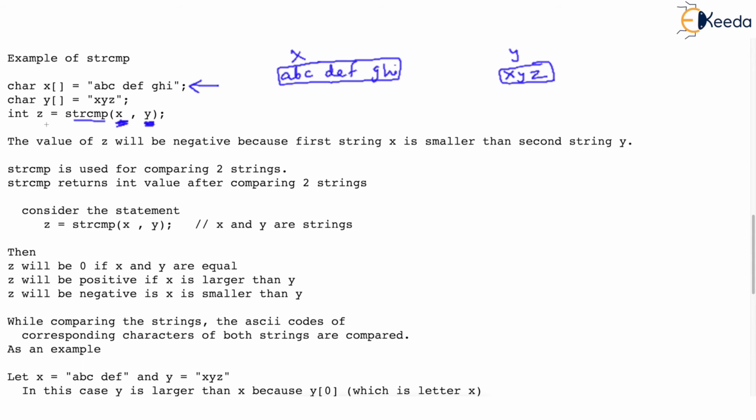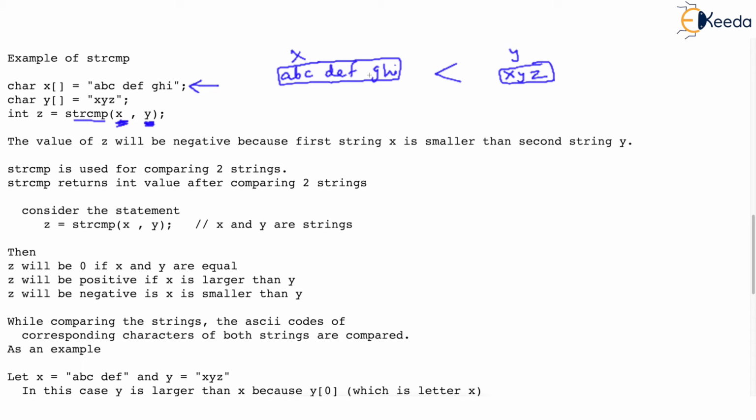But wait, our thinking is wrong. Here x is less than y. x is smaller than y. I repeat, look at x. x is ABC space DEF space GHI. Oh good lord, so many letters in x, such a big string. And we are comparing it with such a small string y which stores only XYZ.